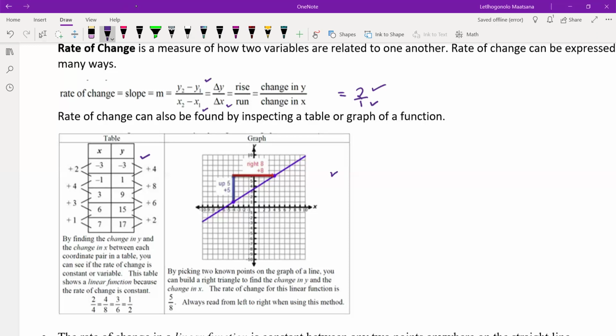For the rate of change, looking at a graph, we would again be looking at the change in y over the change in x. We'll call this the rise and the run. So this is the change in y and this is the change in x.